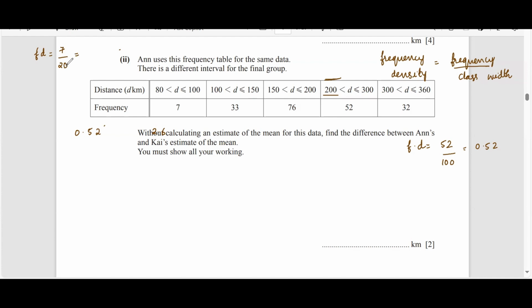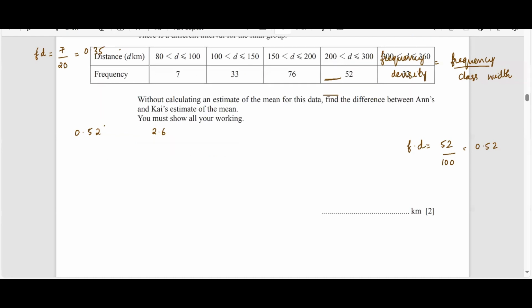So let's find the decimal. 7 over 20 will be 0.35. So now we know that 0.52 is represented as 2.6 centimeter in the histogram. So 0.35 will represent how much centimeter in histogram?